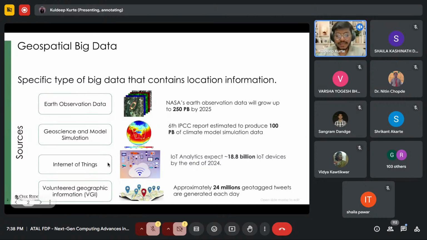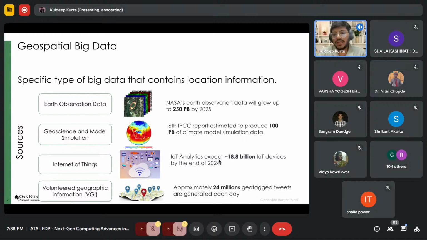Then the third category is the Internet of Things. I think we might have heard about it, being from the computer and IT domain. We know that there are a lot of low cost sensors or edge devices that are now being deployed and connected to the internet.